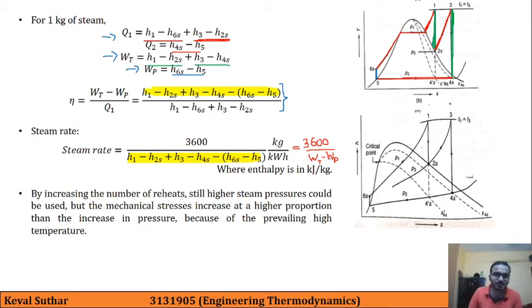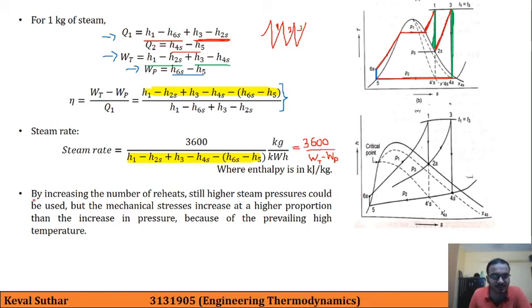By increasing the number of reheats, that is we could increase the number of reheats like this, in this way. This is the one reheat that we have added. We can also add another reheat, that is second, then third, in this way. Here we are having only one reheat which is happening between 2s to 3, but we can add more reheats.